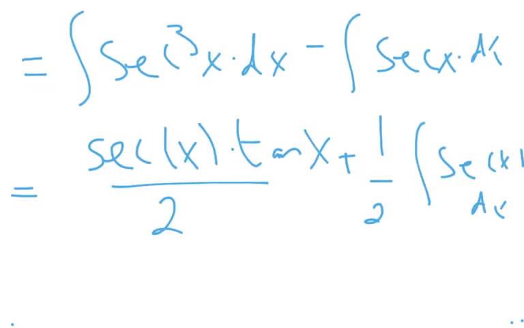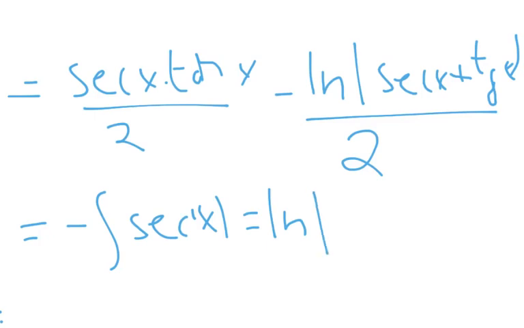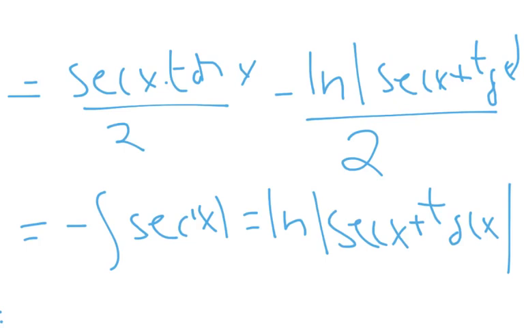Now we can do, of course, the same thing for the other term, which is minus secant of x. So we will take our minus secant of x independently, which is ln, once again, just as a reminder, secant of x plus tangent of x, then absolute value once again.